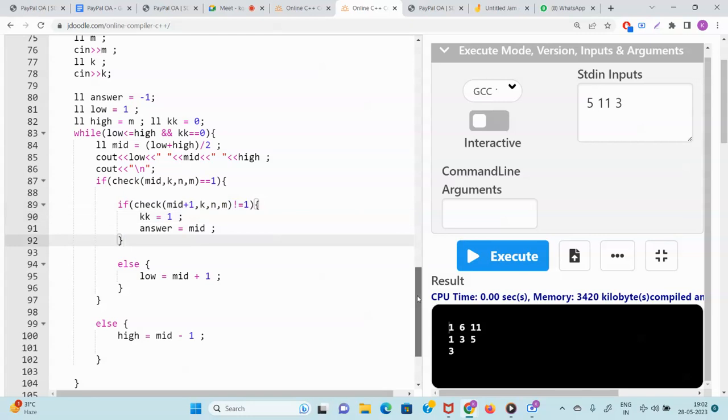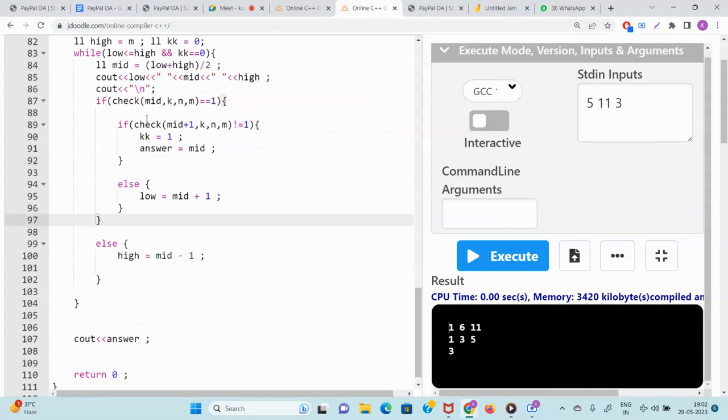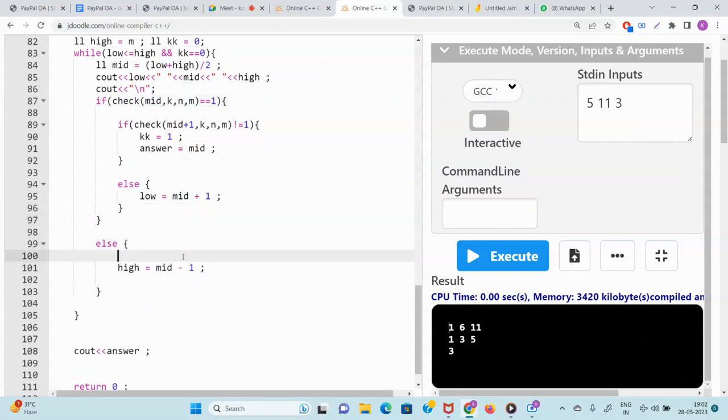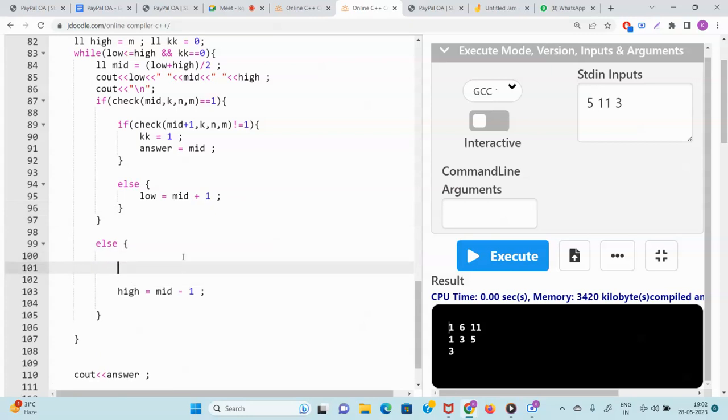Now guys, if the mid was true, then we know what to do. What if the mid is false? You cannot directly write high equal to mid minus 1. You need to know if it is the first part or the last part.